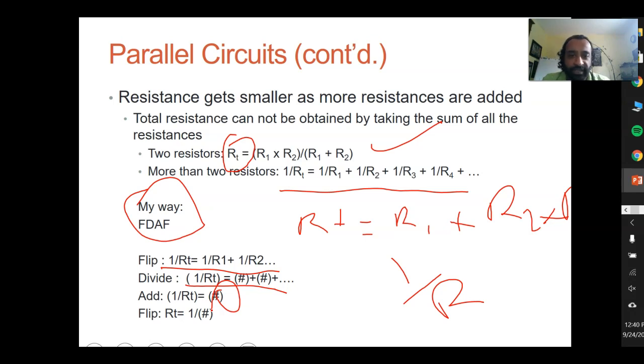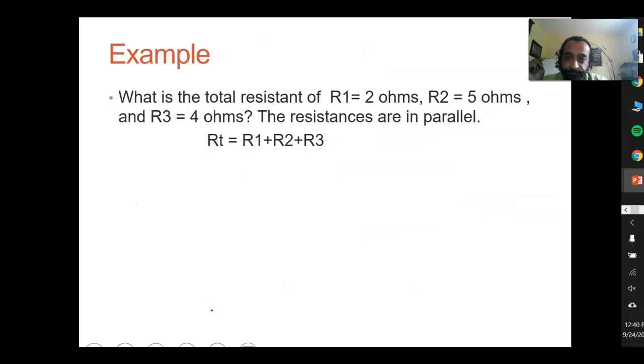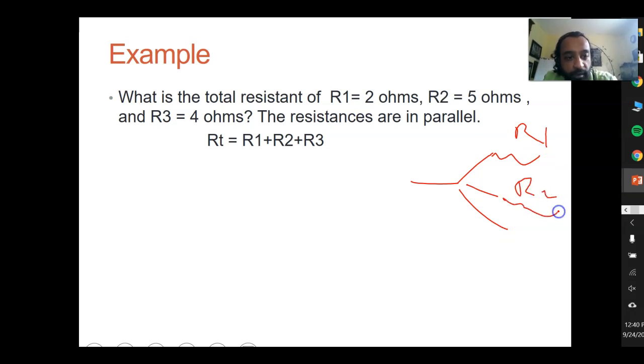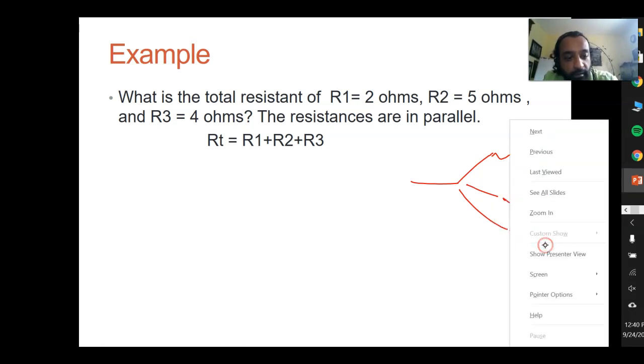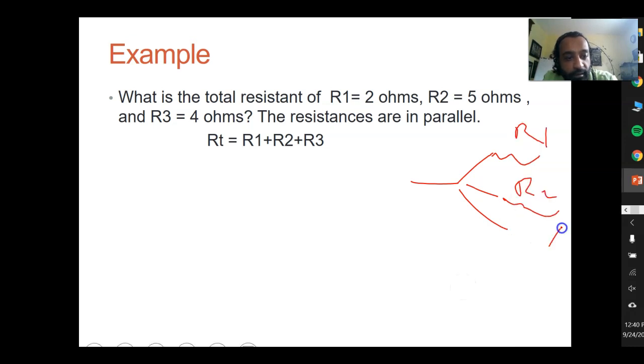I have a worked example to make things a little bit clearer. So let's imagine we have this circuit. I'm gonna draw it over here. Here's R1, R2, and R3, and they connect again together and go back to here, the circuit.